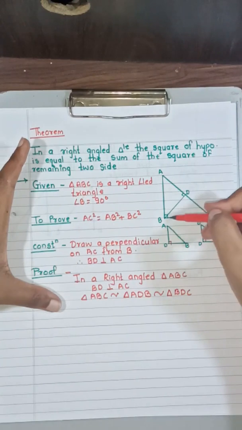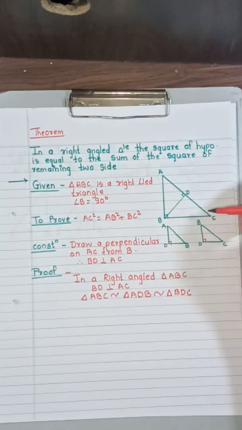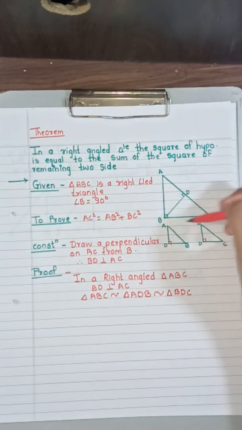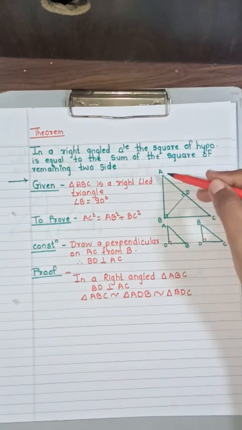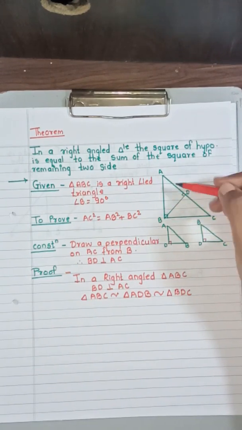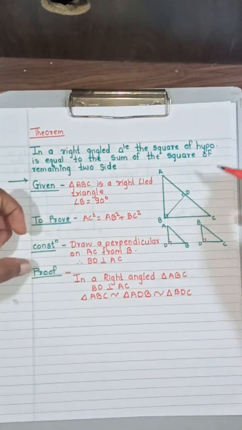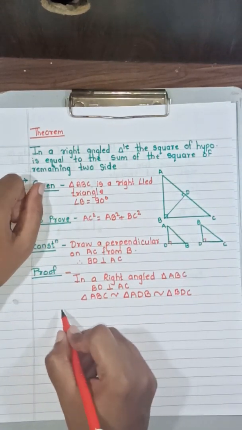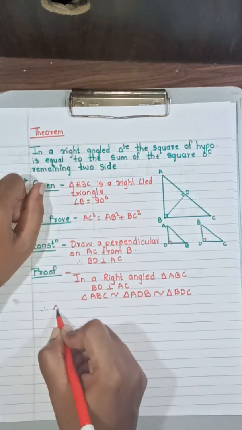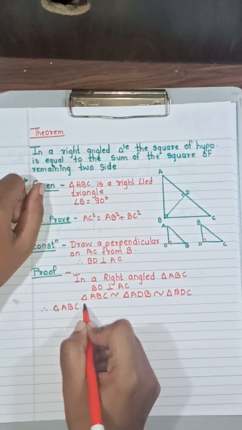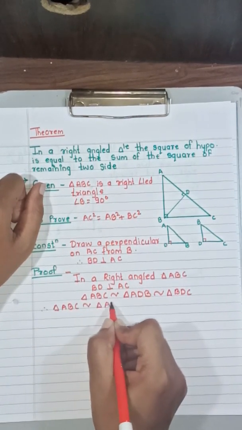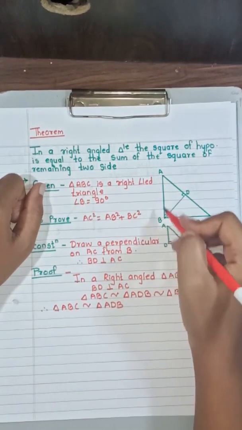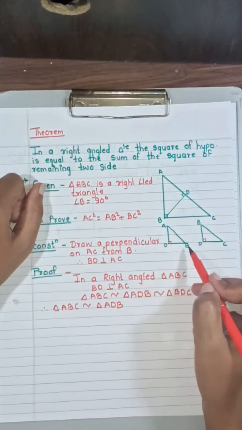That means when an altitude divides the hypotenuse, then the original triangle is similar to both the triangles which are formed. Therefore we'll consider first triangle ABC is similar to triangle ADB.